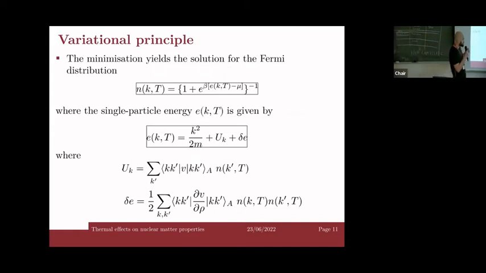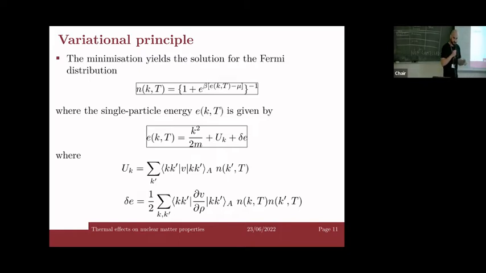And as we can see, we have the temperature playing a role in the single particle energies, E of k and T, also in the chemical potential, and also in the explicit dependence in 1 over T, right? And the single particle energies, as you can see, are here. We have a kinetic part, we have an interaction part, and we have another part which is related to the density dependence of the potential here.